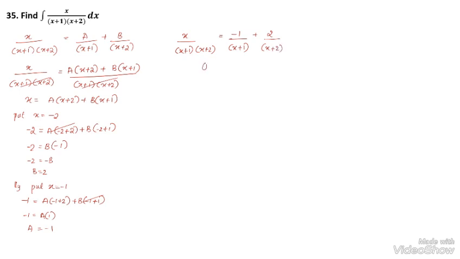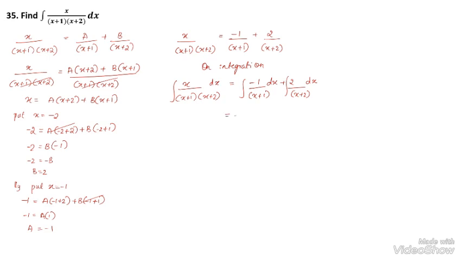Now taking integration on both sides, we get the integral of x divided by (x plus 1)(x plus 2) dx. Here also separately I can take the integration of minus 1 divided by (x plus 1) dx plus the integration of 2 divided by (x plus 2) dx.